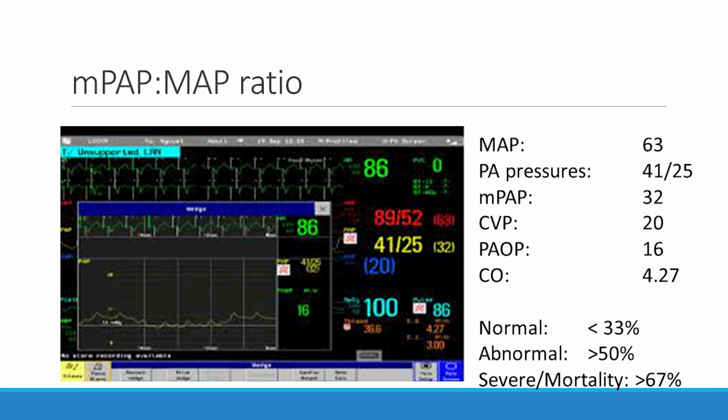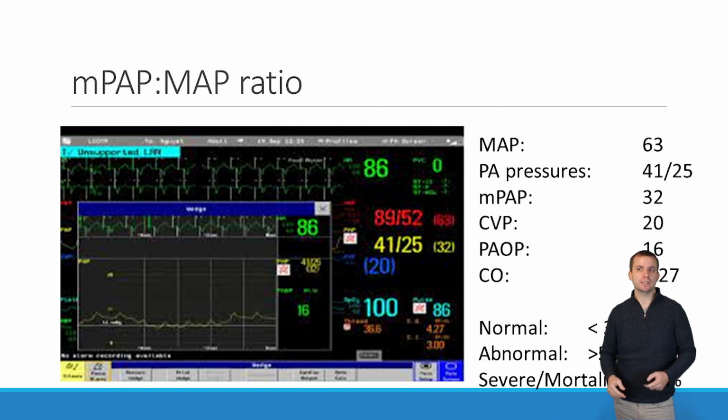So normal is less than 33%, abnormal greater than 50%. If your mean pulmonary artery pressure is almost 2/3 of your systemic pressure, the mortality is extremely high, and oftentimes you really need to do some sort of intervention, or they're going to be declining towards increased mortality and worsened outcomes.